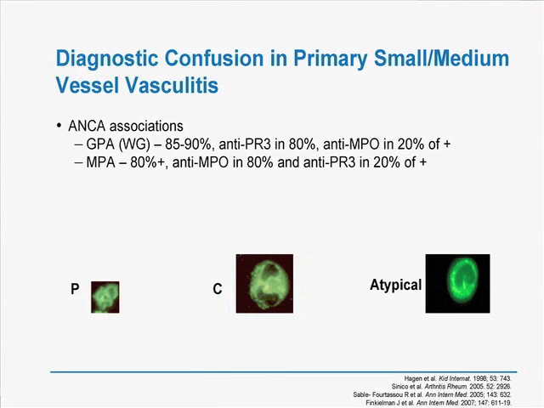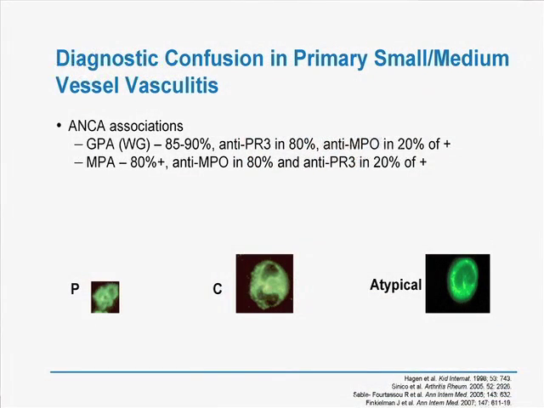So let me restate that again. 85 to 90% of patients are positive, and among those who are positive, 80% of them will be C-ANCA positive, 20% will be P-ANCA positive. So you can have this clinical phenotype of disease, but not necessarily have the same ANCA pattern.